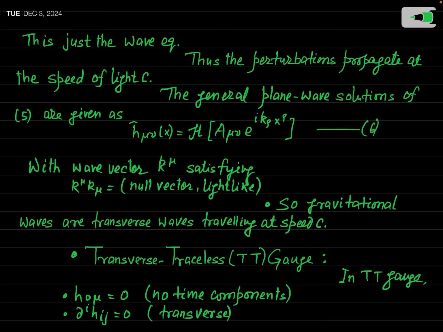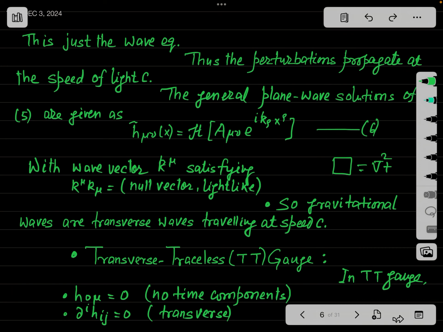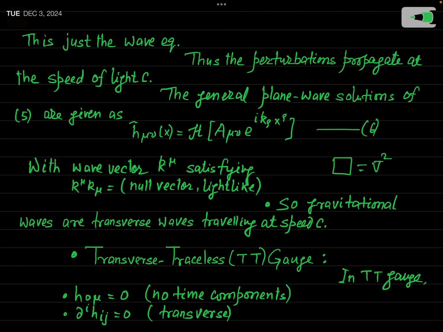In fact, this box symbol is also given like this: del square, sorry, not plus but minus, del square minus del 2 by del t square. This is also called the D'Alembert operator.